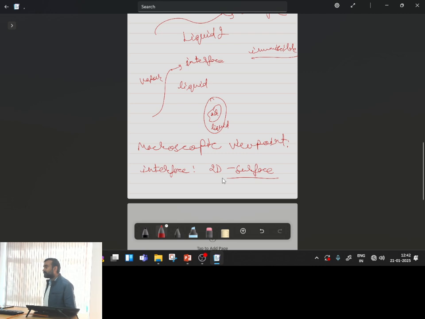Is this one clear? Interface is nothing but a 2D surface.